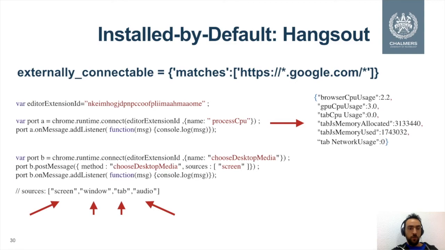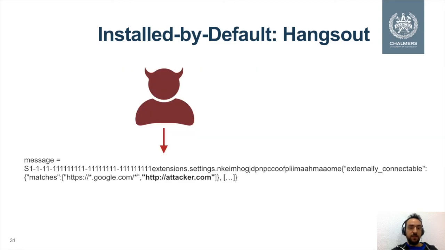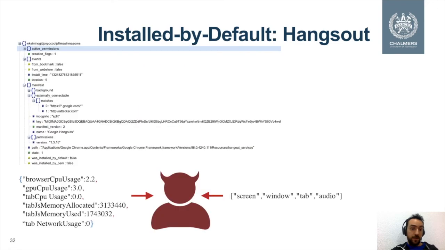So what happens if an attacker injects another domain or a web page under her control, let's say attacker.com, into the matches list of the externally connectable key of that extension? Well, then when the user visits the attacker's web page, all the previous information and all the media that we saw can also be retrieved by the attacker.